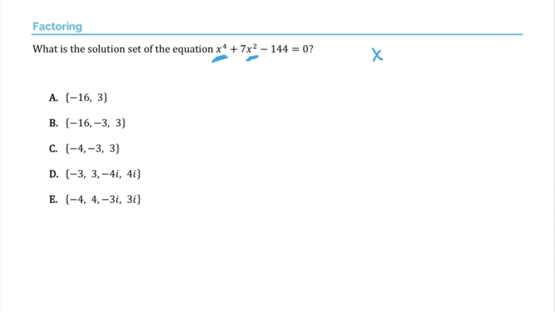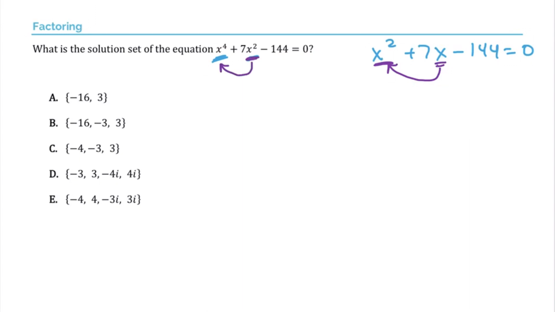So if this question was x squared plus 7x minus 144 equals 0, notice that we could jump straight into factoring. And the reason is that this number squared is this number. X squared is x squared, so that's how we knew that we could factor it. Well, we have the exact same thing here.